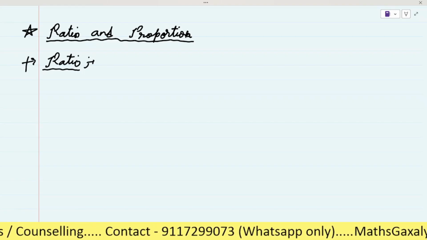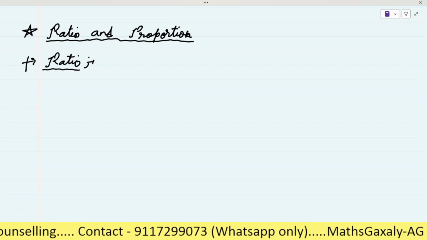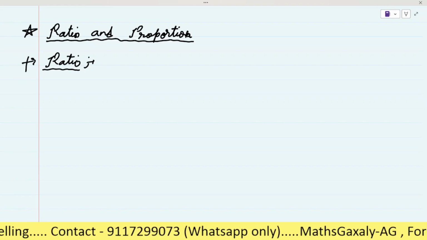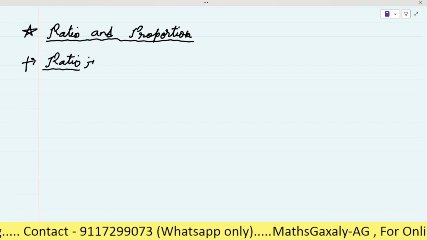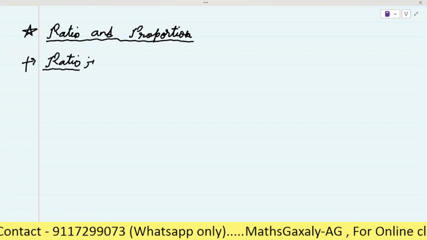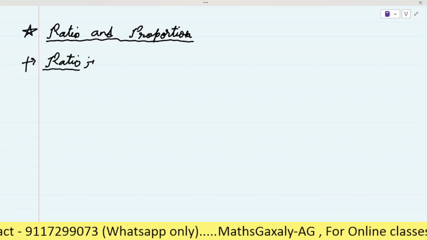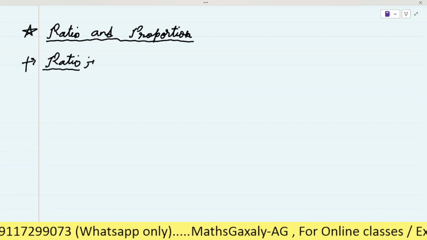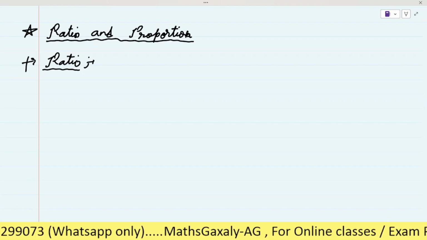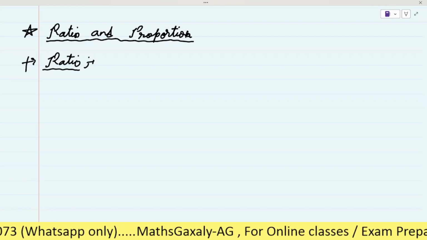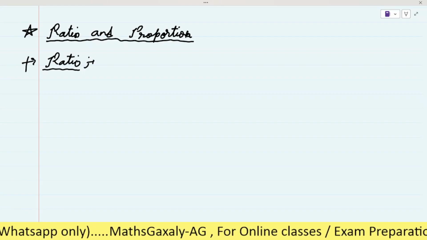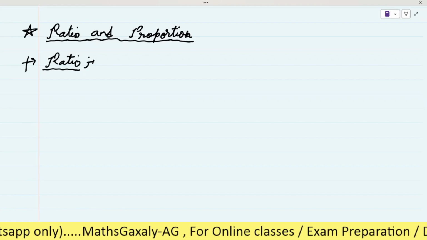If the first data is talking about the height, then the second data should also be talking about the height, right? Is it clear? And the second thing is the ratio is unitless. The ratio is unitless. Okay, if you want to write these points as an introduction, you can tell me.